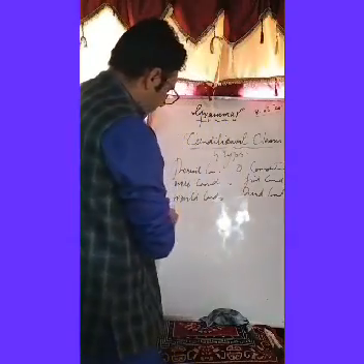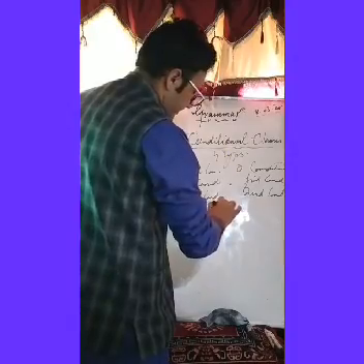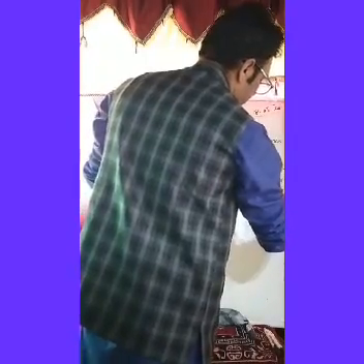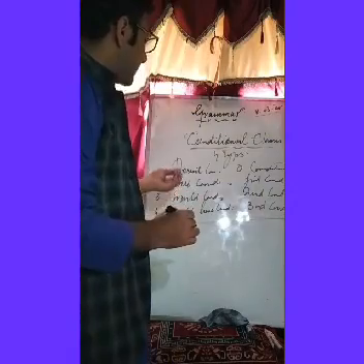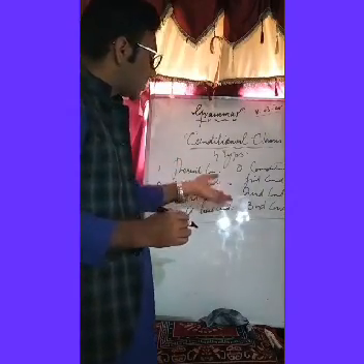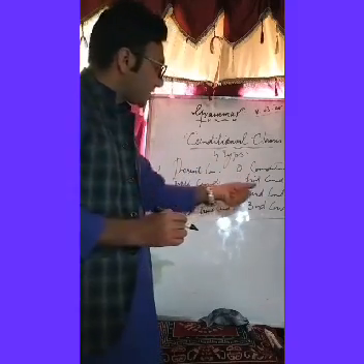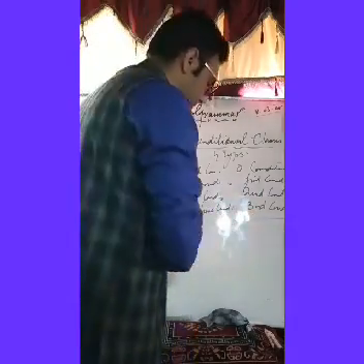And the fourth one is the would have condition, also termed as third conditional. So we have these 4 types of conditional clauses in grammar.